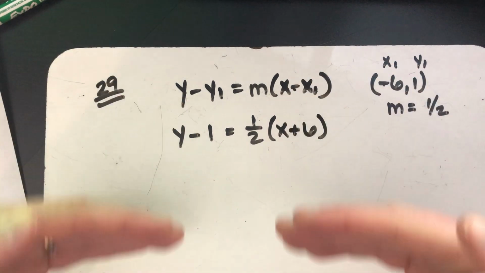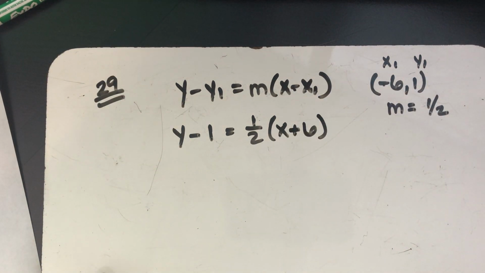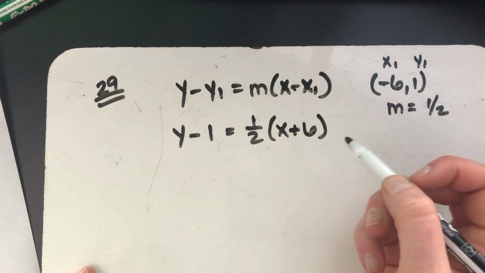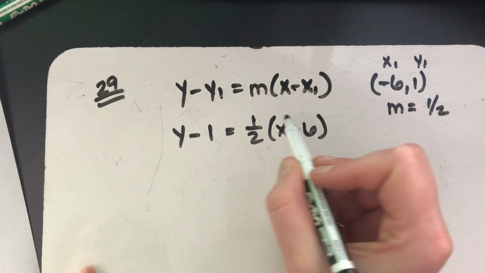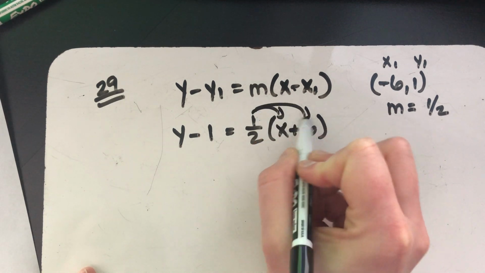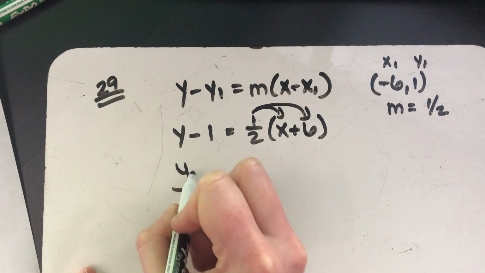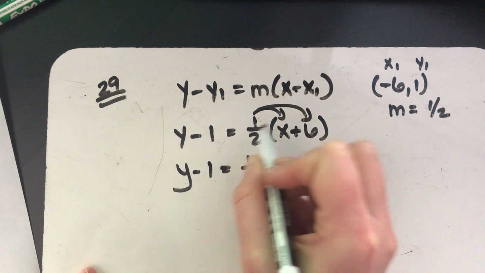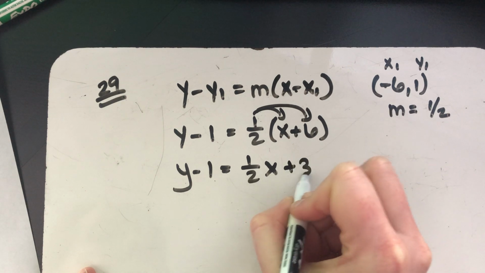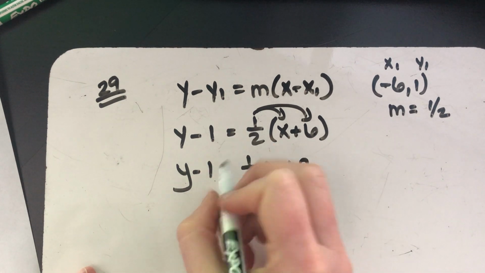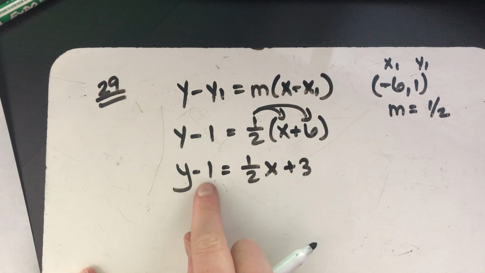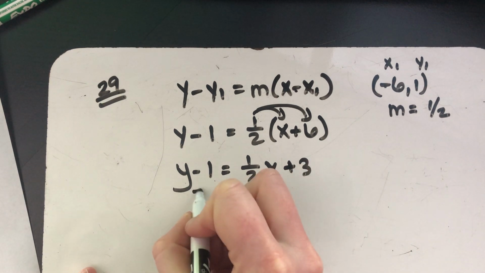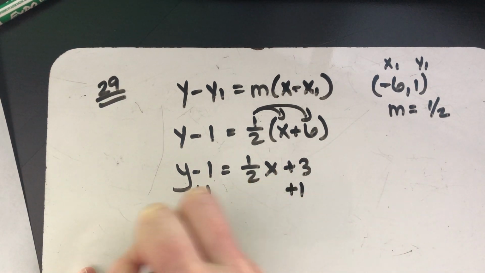Now, I still want this to look like y equals mx plus b. So I've got to move things around. First distribute the 1/2. So 1/2 x. Half of 6 is 3. And then I'm almost there. I almost have y equals, but I have that negative 1 in my way, so I add 1. Combine like terms.